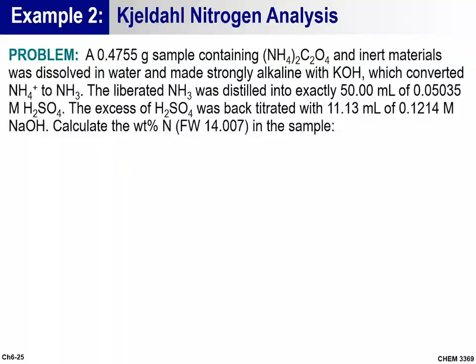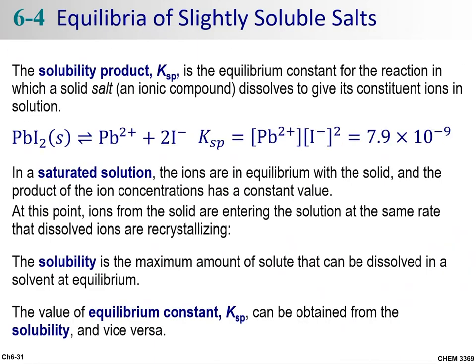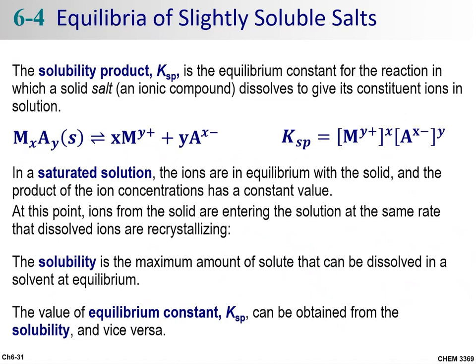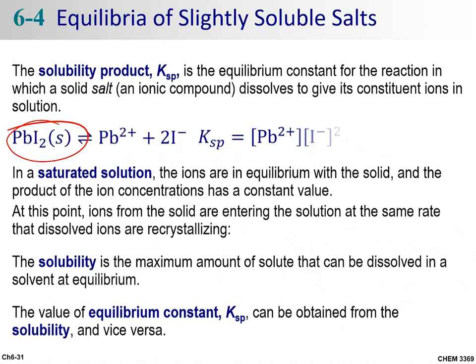Okay, where is my dissociation reaction? There it is. So for a sparingly soluble salt, right, like this one, in a saturated solution, it will dissociate into ions. So here is an example of lead iodide.